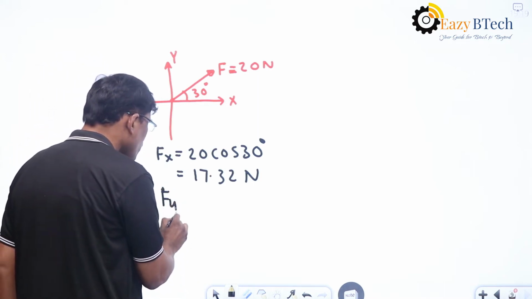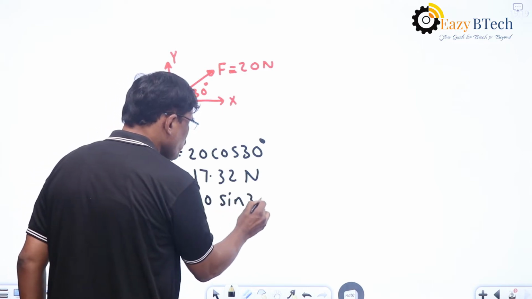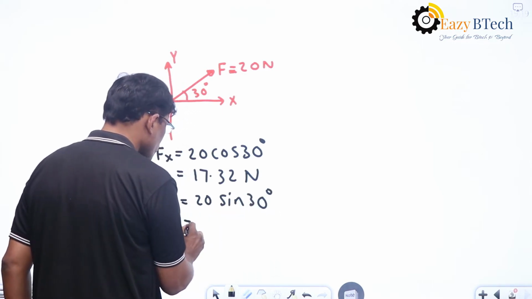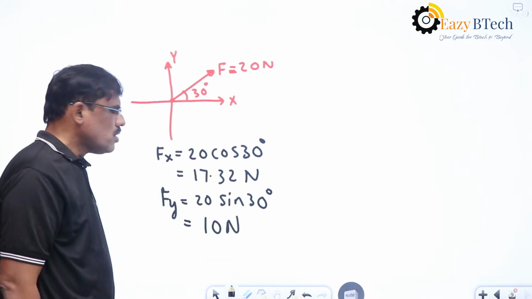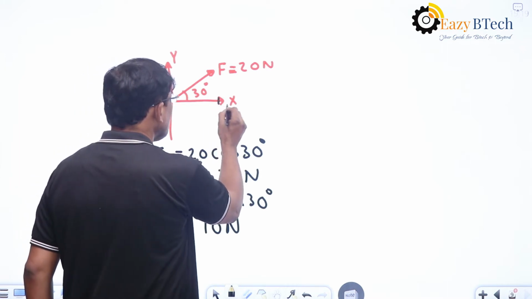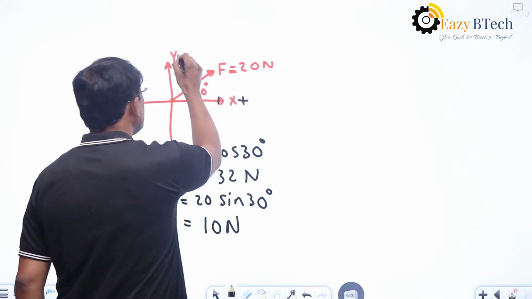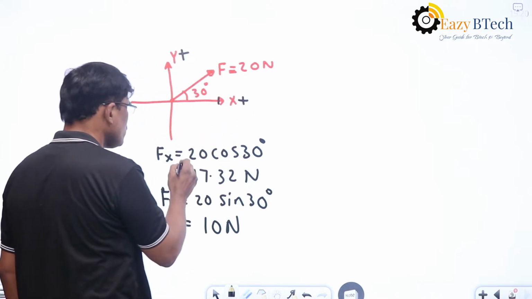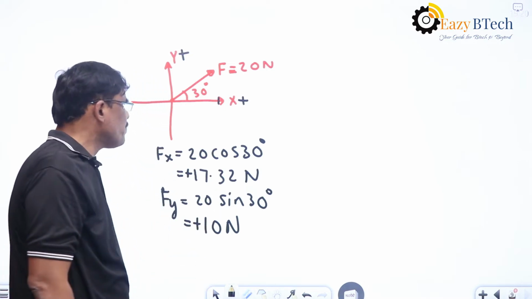The y component is 20 sine 30 degrees, and this becomes 10 newtons. So when we see the direction, this one is plus and this is also plus. So both these values are positive.